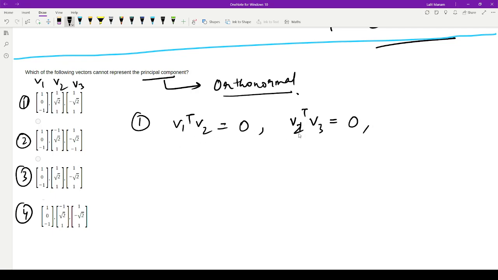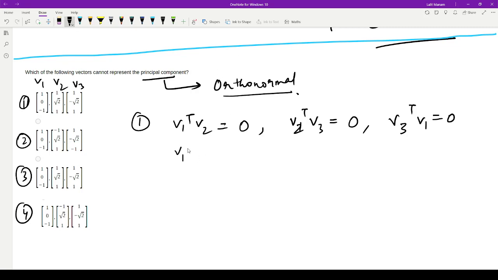So if these two conditions are satisfied, is the third condition automatically satisfied? No, we are in 3D space, right? If I give you x and y axis, they are orthogonal. If the third one is also the x axis, then you can do these two things, but this will not be 0. So you have to check for all three possibilities. So since these are zeros, and what else?